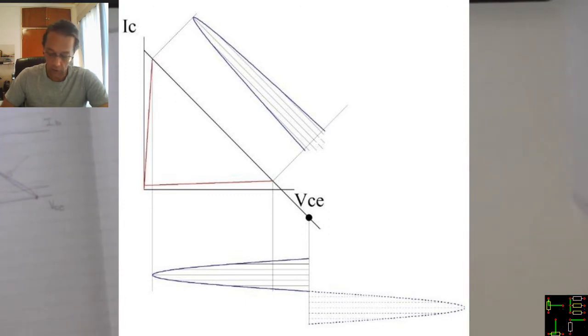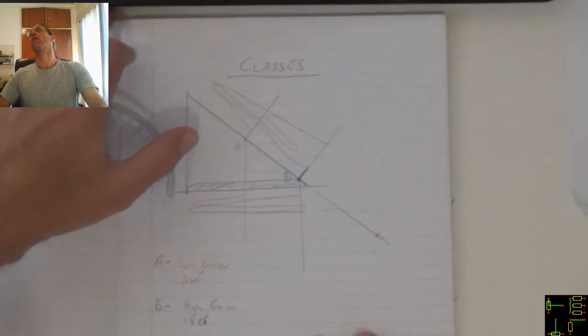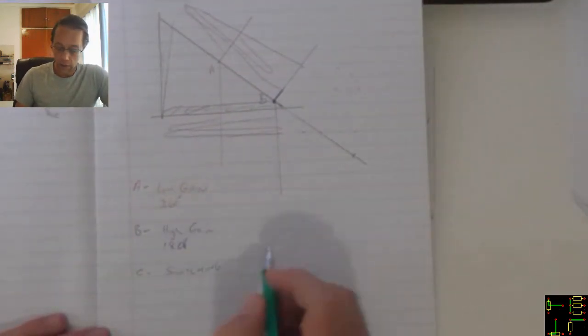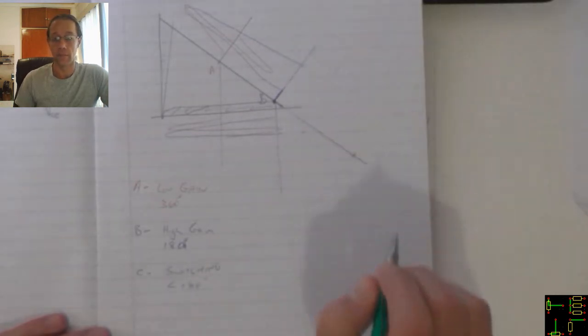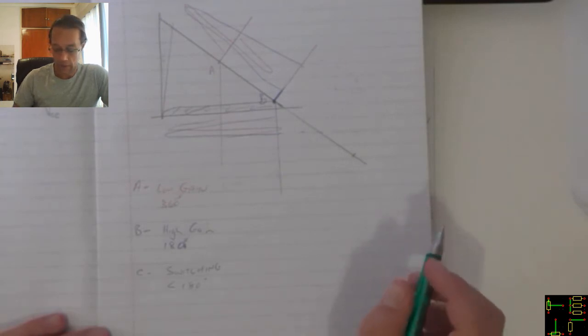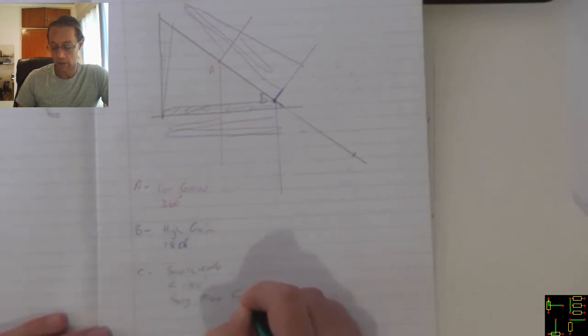Okay, as a result, my class C is used primarily for switching. It amplifies less than 180 degrees. Okay, but it has a very high gain.